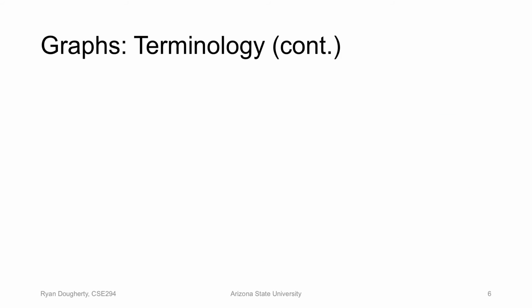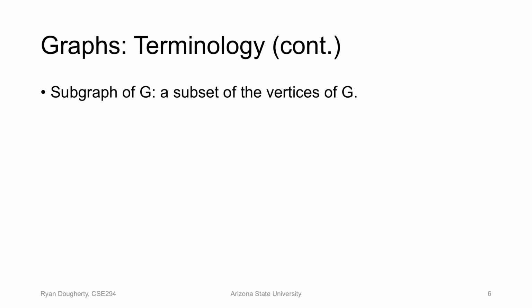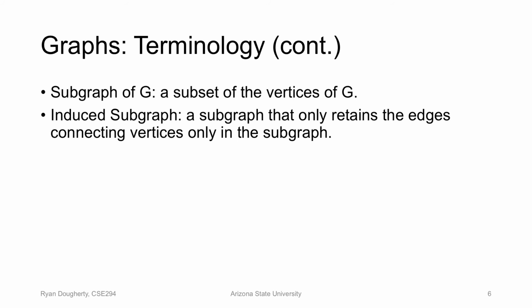All right. So some other things. A subgraph is just taking a subset of the vertices. You can either have the entire graph as a subgraph, or a smaller version of the graph, or even no vertices at all. That's totally allowed. And an induced subgraph is basically where you only keep the edges that are within the subgraph.